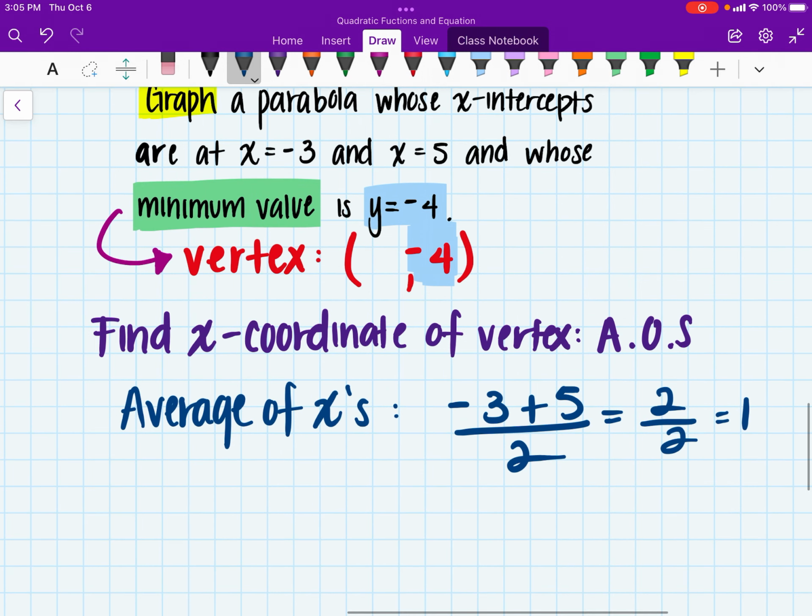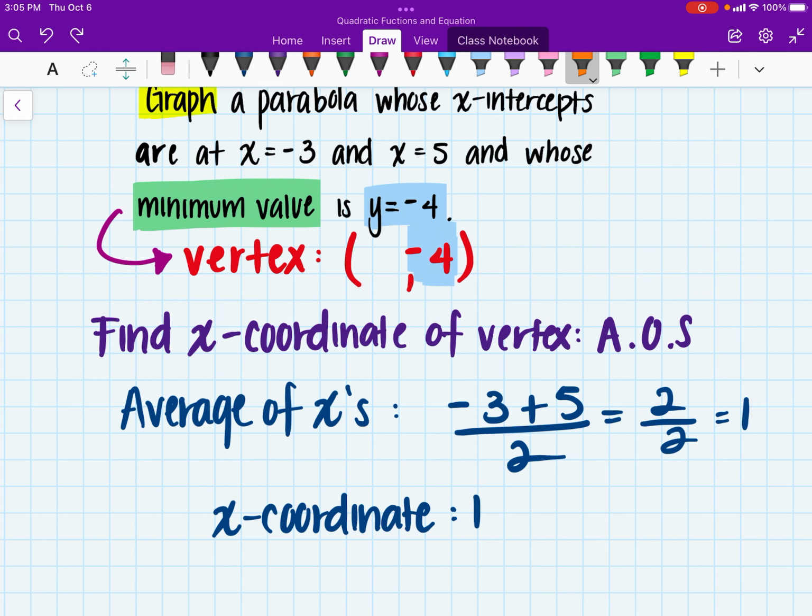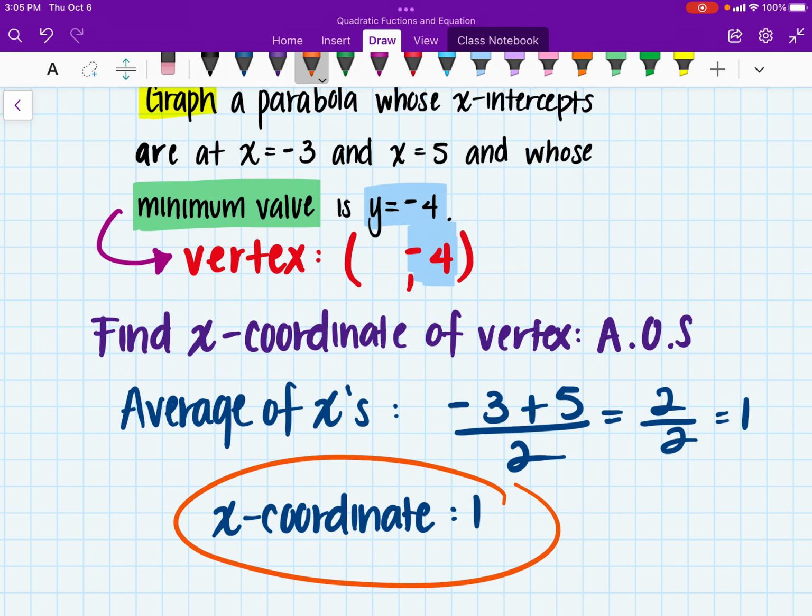So the x coordinate is 1. This value here is going to be put in the vertex. So I'm actually going to put a 1 here.